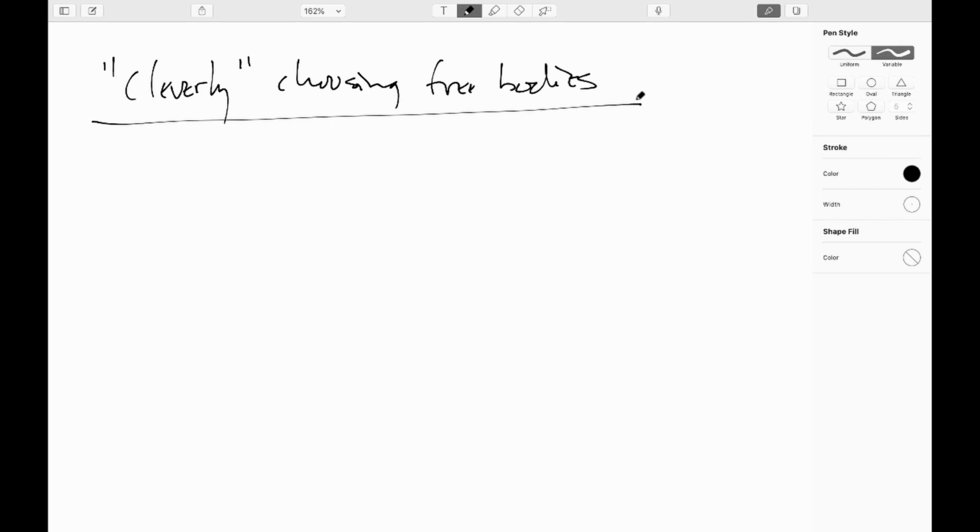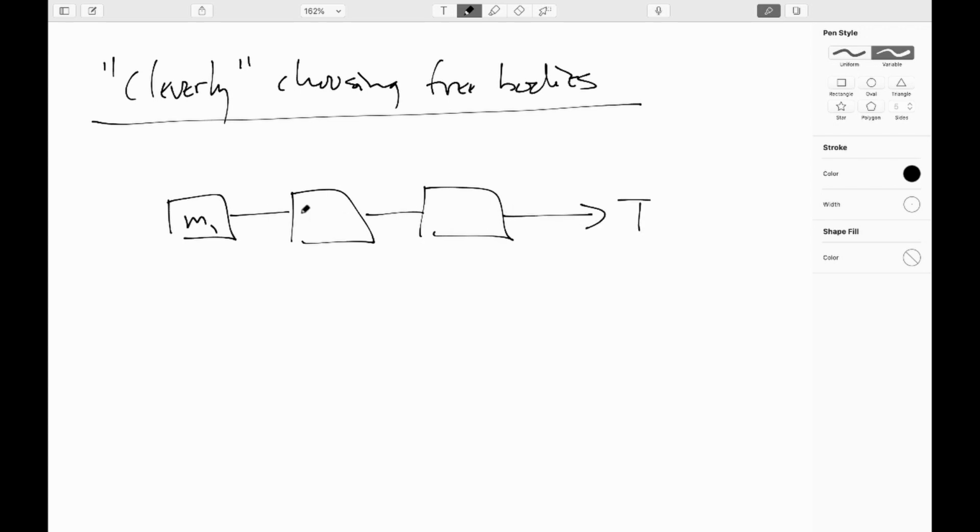And this extends even to the macroscopic. So let's say you've got some sort of a problem, like a bunch of boxes tied together by ropes and you're giving them a tug.